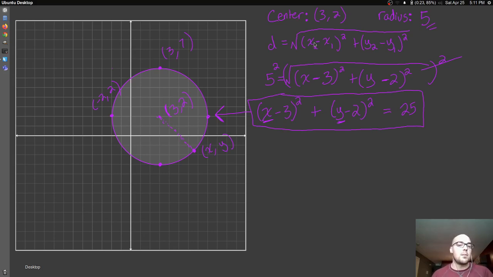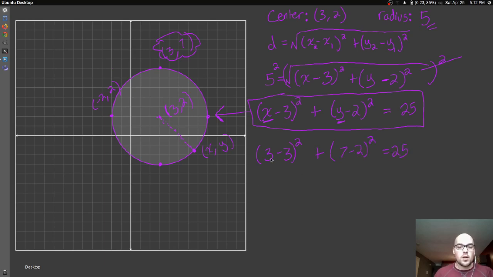So let's test it with some of the points I have here. First, let's test this guy up here, which is going to be really simple. Let me plug that into the equation of the circle I just drew. I would have my x coordinate, which is 3, minus 3 squared, plus my y coordinate, which was 7, minus 2 squared, should equal 25.